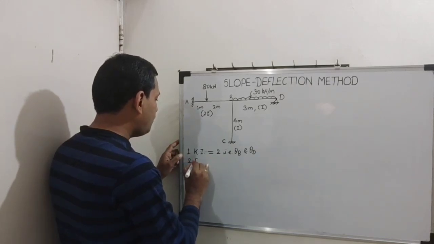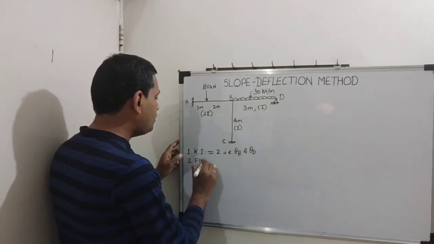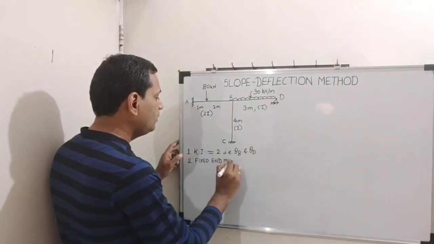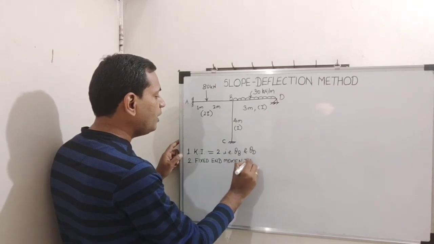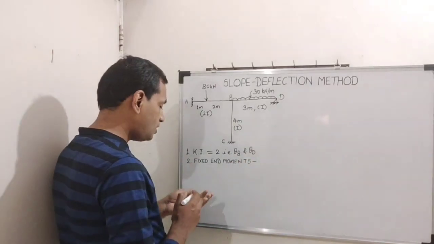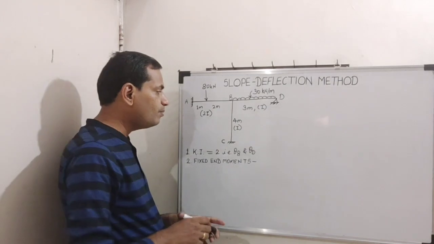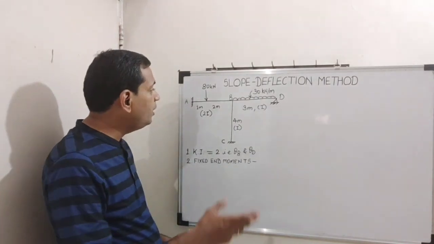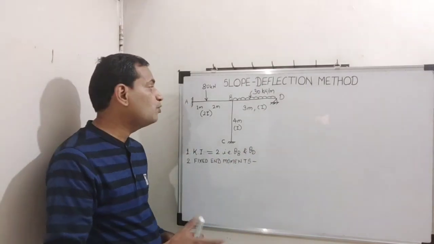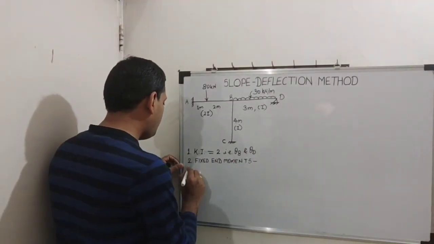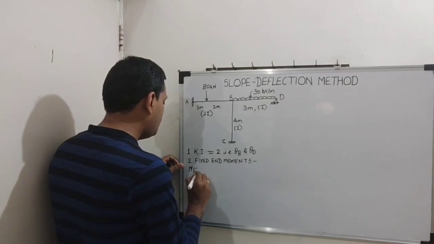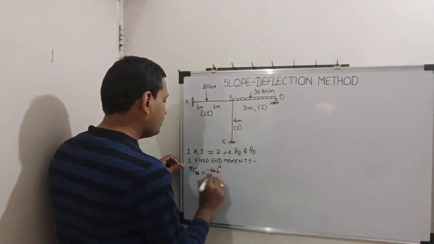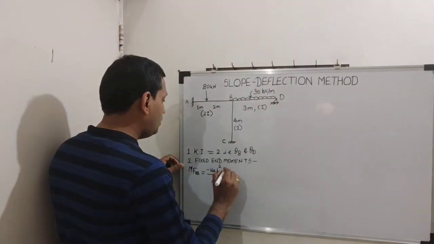Second step will be finding out fixed end moments for all the spans. So let us find out one by one. So if you see again in the frame, there are two members which are subjected to loading. Third member column BC, it is not subjected to any loading. So only two spans will have fixed end moments. So first is MFAB, and the equation is minus W a b squared upon L squared.